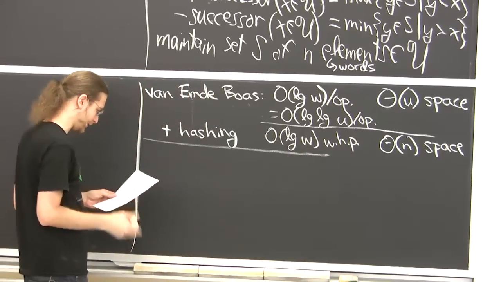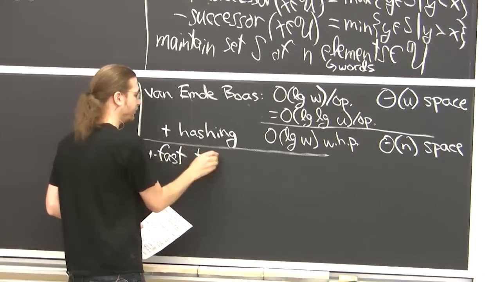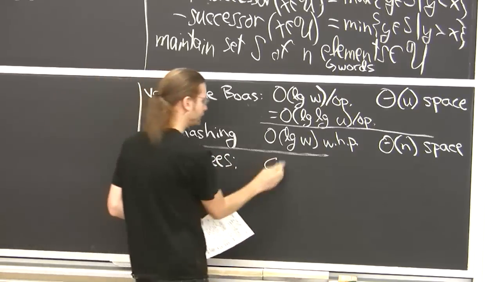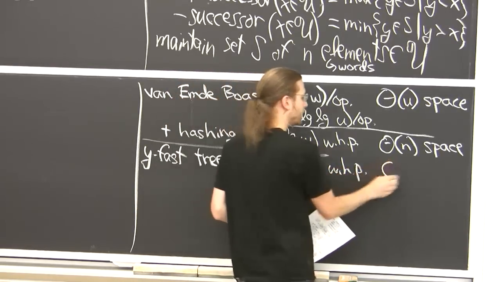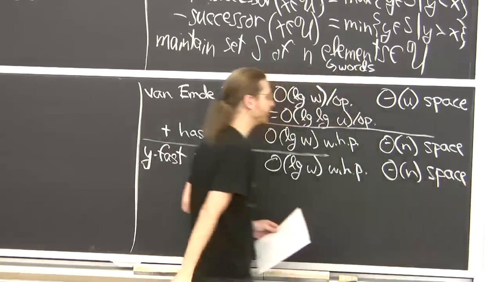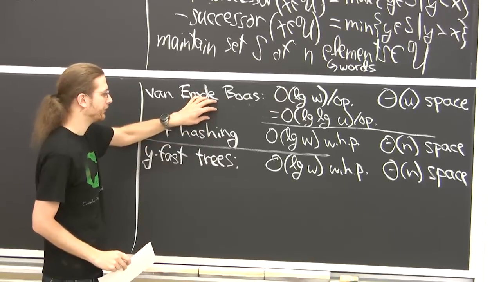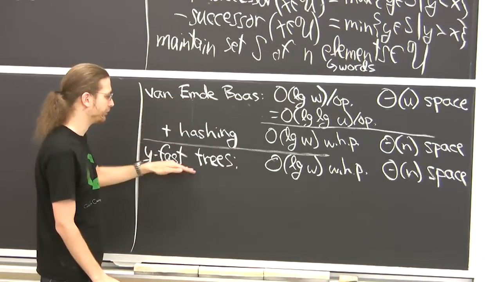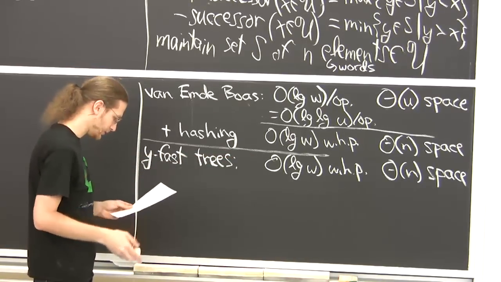I can talk more about that later. Alternatively, there's another data structure which in many ways is simpler. It really embraces hashing. It's called y-fast trees, and achieves the same bounds: log w, high probability, and linear space. It's basically just a hash table with some cleverness. So we'll get there. Even though it's simpler, we're going to start with van Emde Boas. Historically, this is the way it happened: van Emde Boas, then y-fast trees, which are by Willard. And it'll be kind of a nice finale.